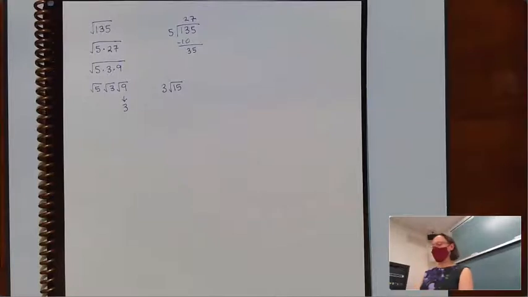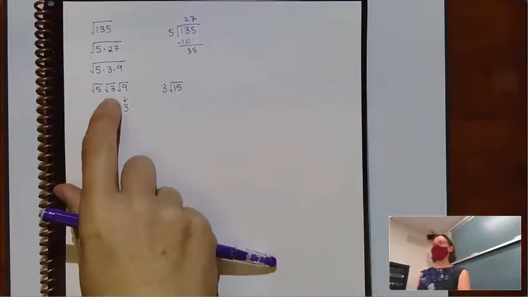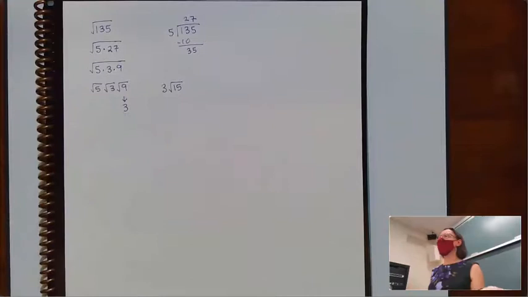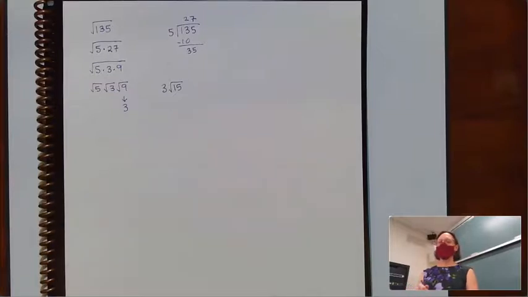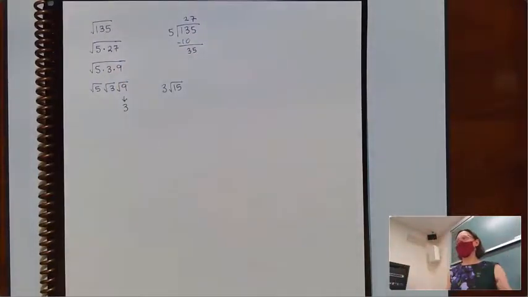The other piece is that whatever's left inside the square root, once you've simplified all the perfect squares, we tend to collect back together. That's why we'd write this as 3 square root 15. So if you don't see the perfect squares to begin with, you can just keep doing the factoring until you get somewhere.